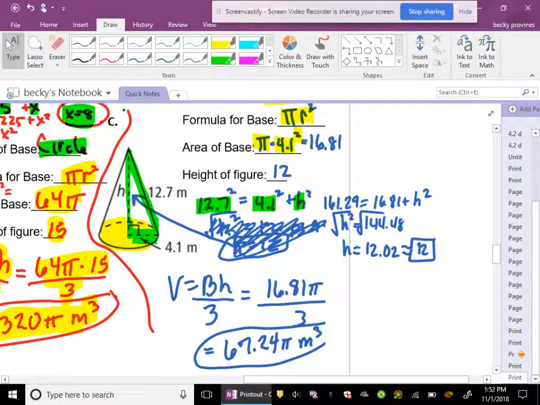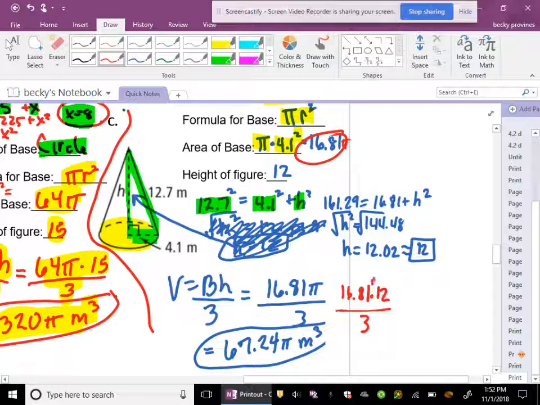So to get my final answer here, again, base times height over 3. So I found the area of my base already. It's right here at the top. 16.81. My height I just found is 12. And then I'm going to have to divide by 3. There was a pi up there.